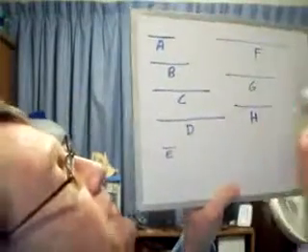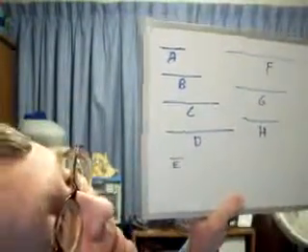Therefore, E measures B. Let it measure it according to the units in H. Therefore, E, by multiplying H, has made B. E times H makes B. That's what we're saying now.